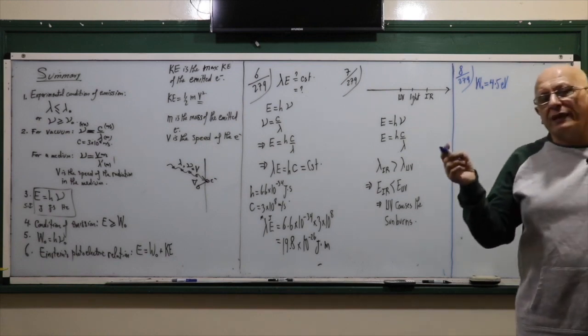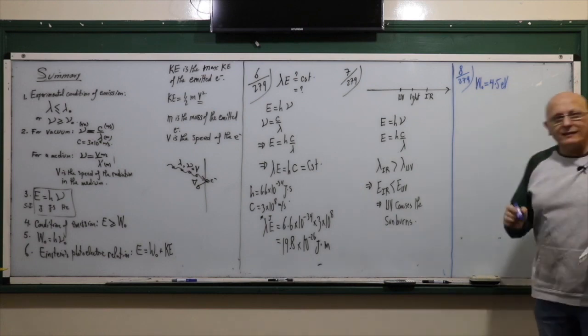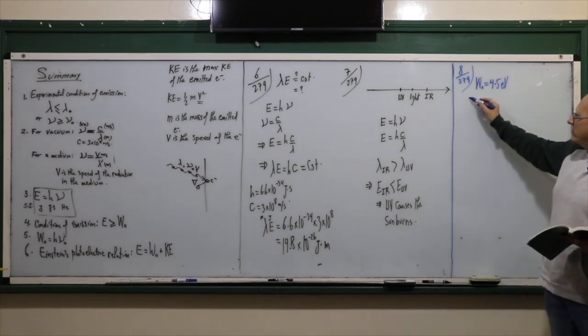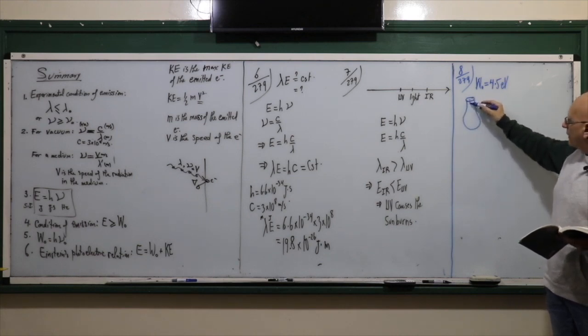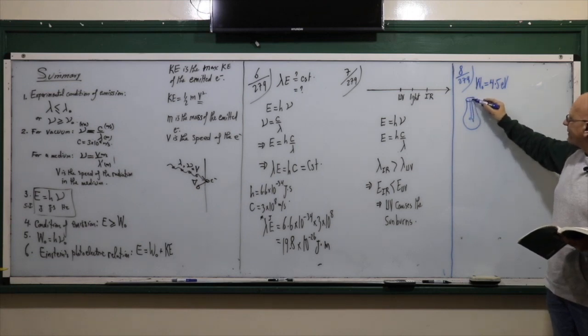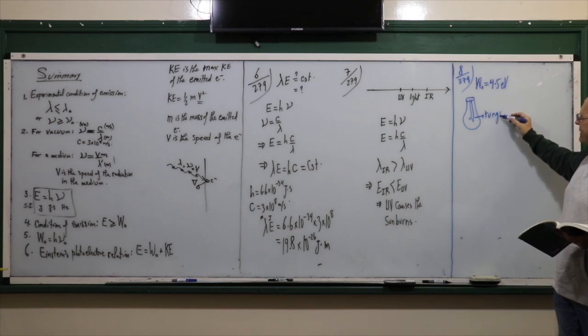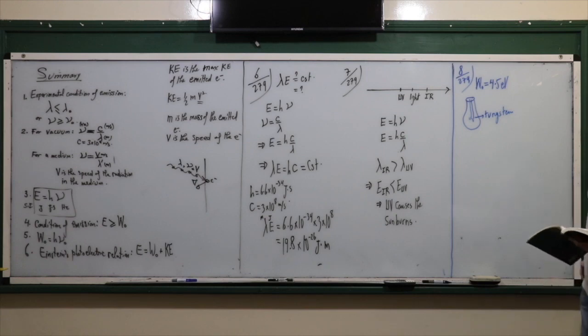Tungsten is used for lighting, like the incandescent lamp at your home. This filament is tungsten. What is the importance of tungsten?